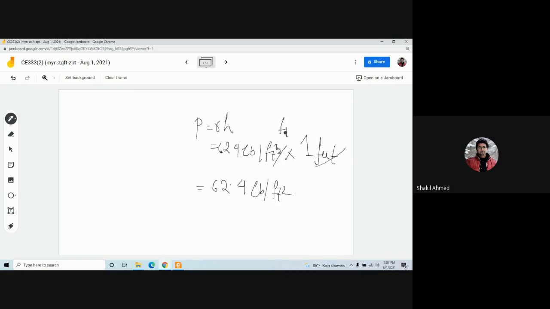So what's remaining? Square feet. Now if you convert it to inch, then you will get, now tell me the value please. Pound per square inch. 0.433, let's say 0.44 psi. So for 1 feet elevation, you get 0.44 psi pressure.